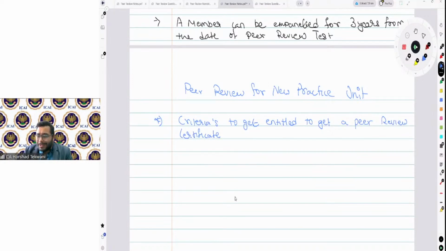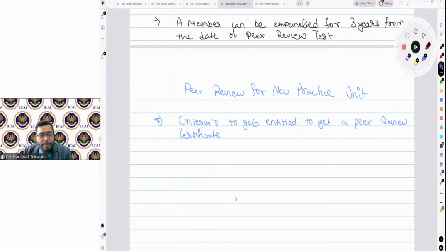See, this criteria basically says that when there is a new unit, there should be something there for the review. If there is no practice done by the new practice unit, if there is no engagement performed by that practice unit and it is a very new practice unit, in those cases it becomes very difficult to perform a peer review.